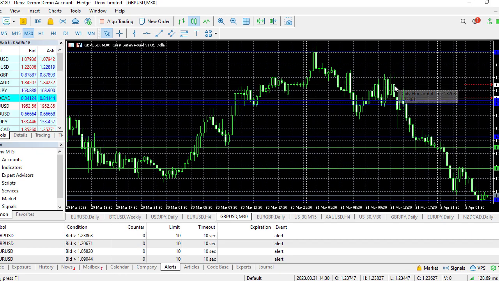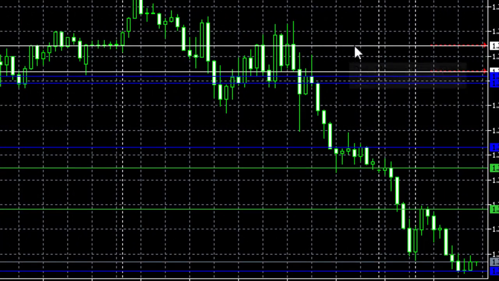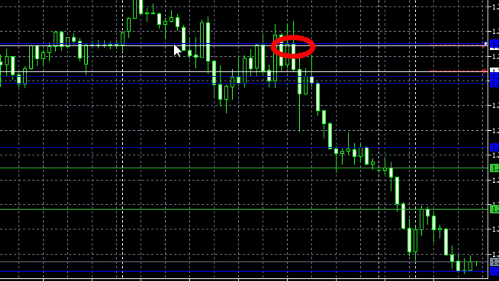Then on this level we had before, this I believe daily level, we also have a turning point there. They are actually almost literally at the same point there.